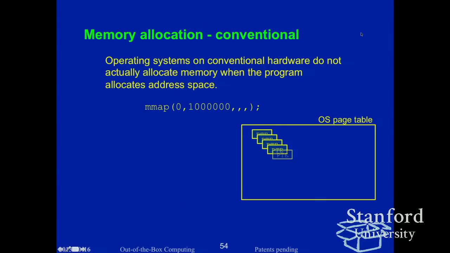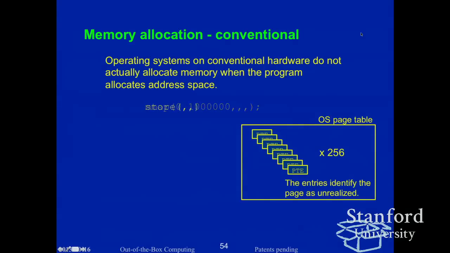And that page table is full of PTEs, or page table entries, one for each page, that says this hunk of address space has in fact been allocated. It belongs to this program. And because we haven't allocated any physical memory, we are saying that this page is unrealized. It's not yet backed by any physical memory. This is a good thing, because backing things by physical memory is expensive. But the operating system sets up its page table in mmap.